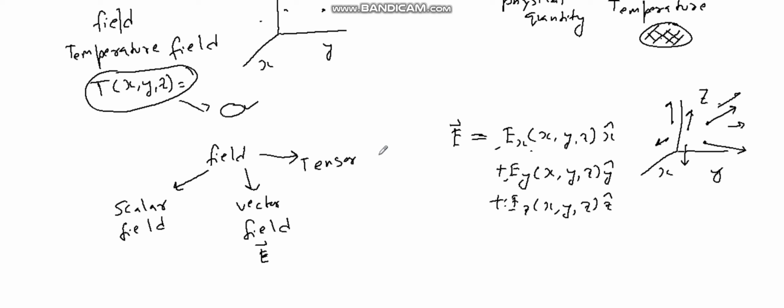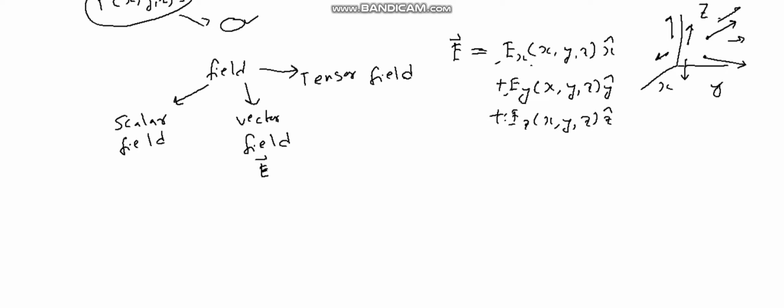In a similar way we can have a tensor field. What is a tensor field? Although we will see it in the tensor course, a tensor field generally comes up in one of the physical applications of the general theory of relativity. It is represented by g_{μν}.